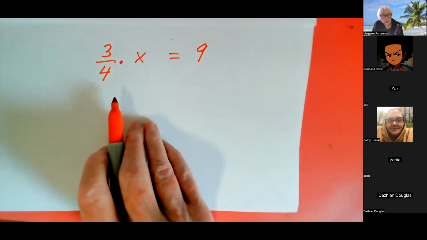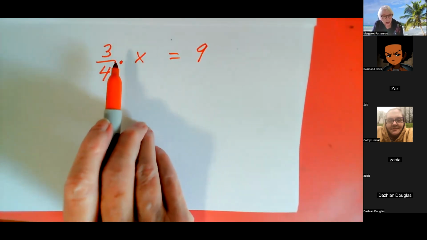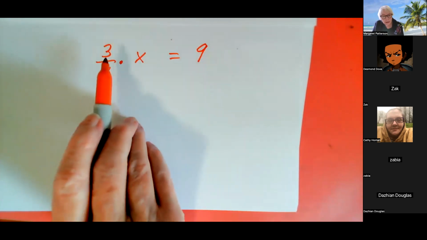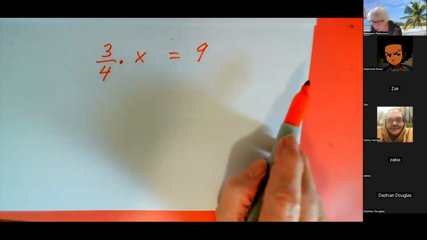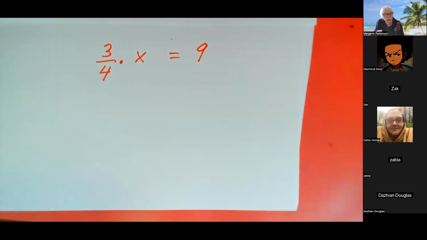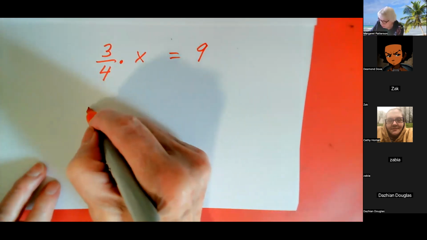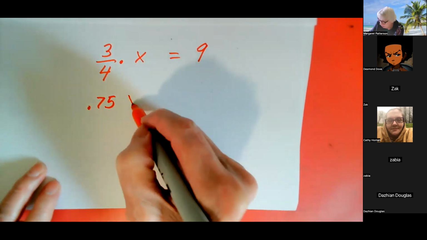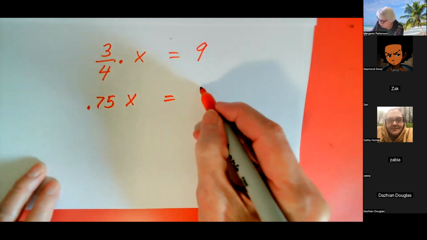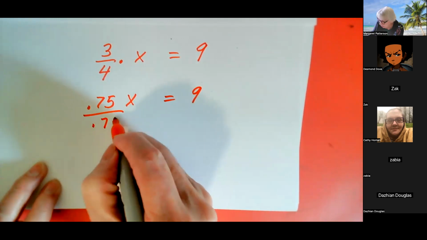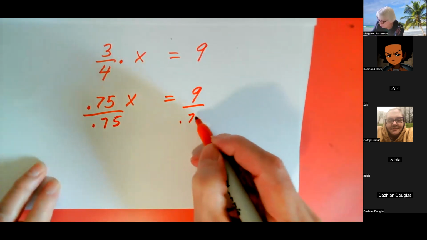Okay, so yes, that would work because you got rid of the 2 first, and that was critical, so you didn't have too much of a mess. And then this was 0.75? Yes. And then you would divide both sides by 0.75. Why does that work?